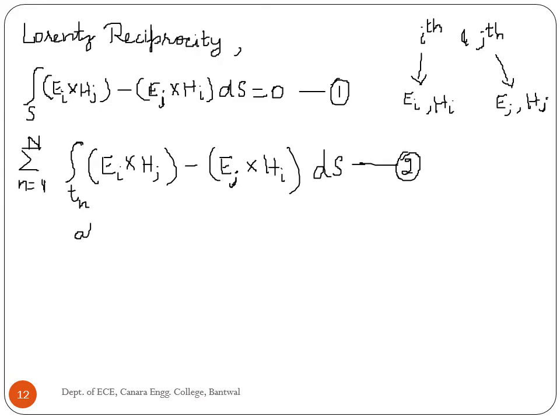as we know all Vn equal to 0 except Vi and Vj.